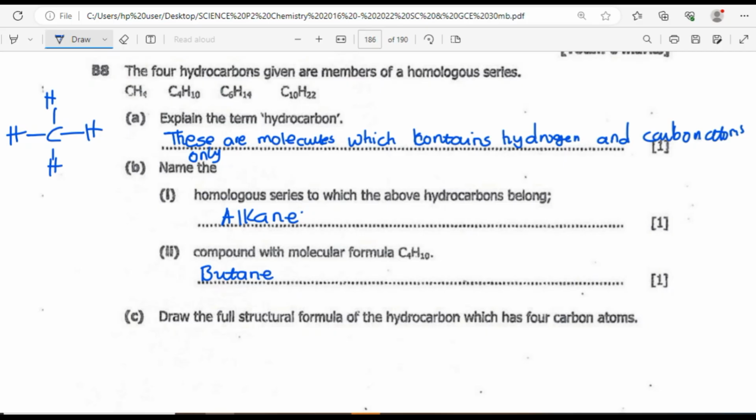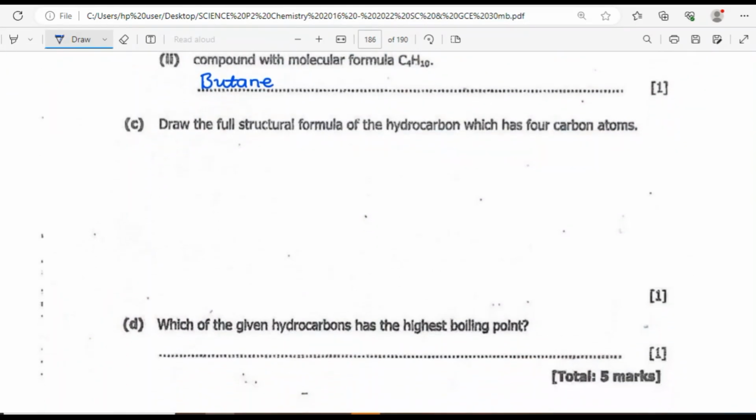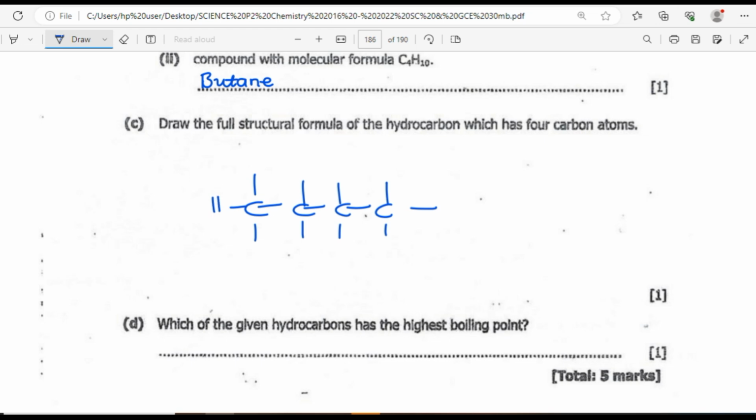Draw the full structural formula of the hydrocarbon which has 4 carbons. So 1, 2, 3, 4. Under alkanes, you put single bonds between carbon atoms.